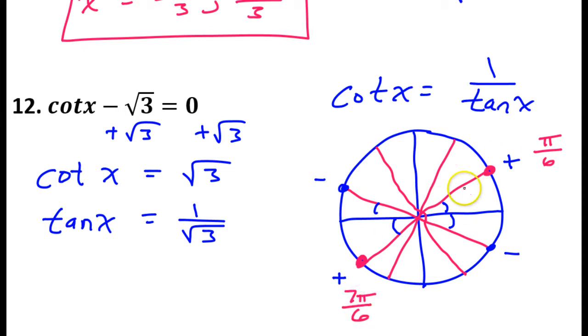So these are the two solutions. Oh, you know what? I really wanted to use the pink. So x is equal to pi over 6 or 7 pi over 6.